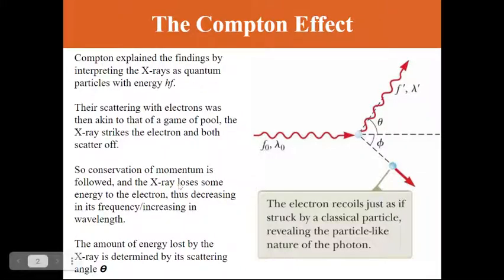So to explain this, you could ditch the model of light being a wave that, like mechanical waves, has its energy tied to its amplitude, and instead its energy is tied to its frequency.